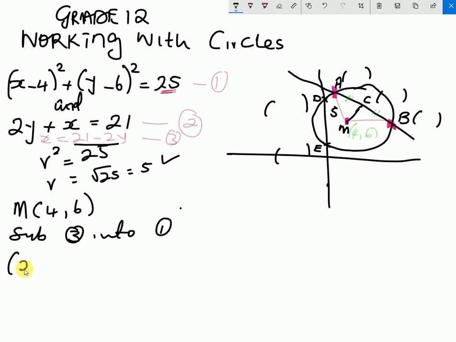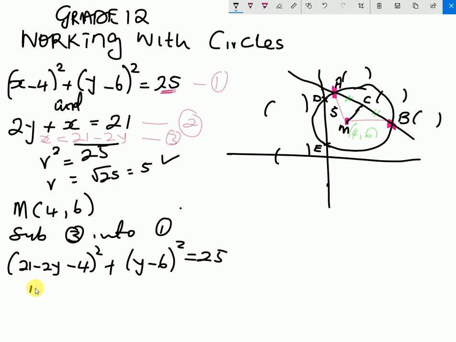So (21 minus 2y minus 4) all squared plus (y minus 6) squared equals 25. Let's work this. 21 and minus 4 is 17.